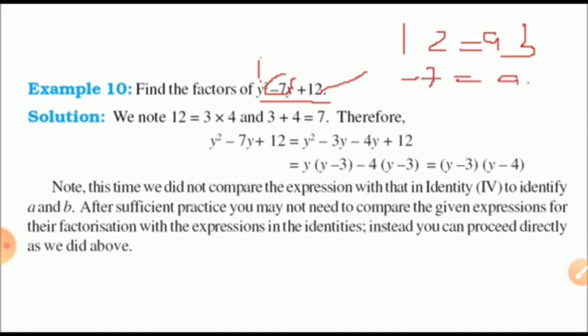Okay, correct. This time we did not compare the expression with that in identity 4 to identify a and b. After sufficient practice, you may not need to compare the given expressions for their factorizations with the expressions in the identities.